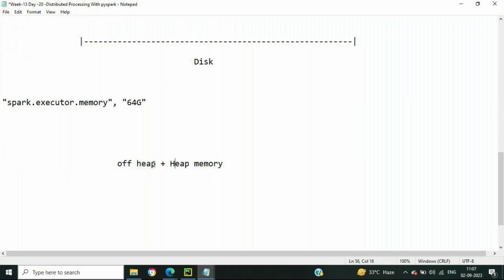Heap memory or off-heap memory, basically the memory outside the JVM, the Java Virtual Machine. All the Spark programs are executed inside the JVM only.